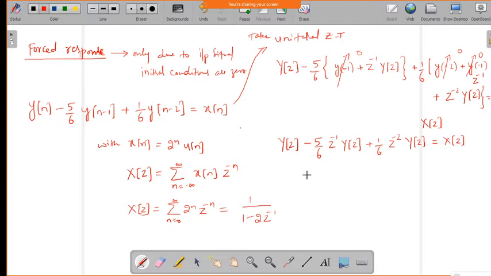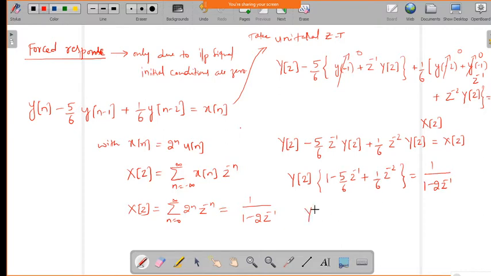Now take y of z common and substitute for x of z: 1 minus 5 by 6 z inverse plus 1 by 6 z power minus 2 multiplied by y of z equals 1 over 1 minus 2 z inverse.